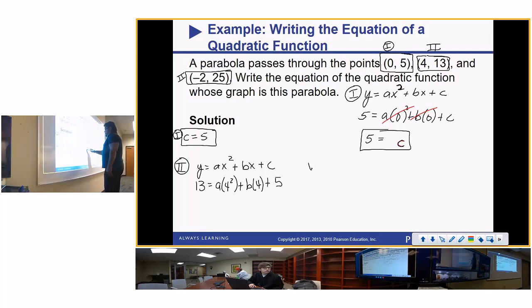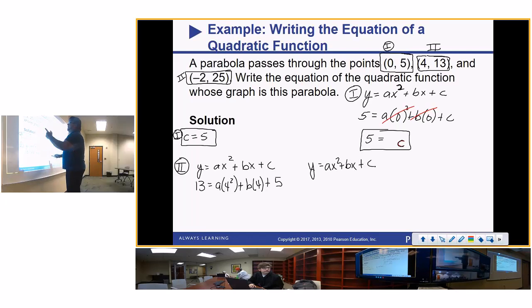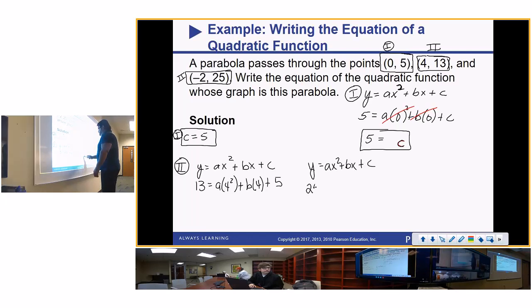And then y is equal to ax squared plus bx plus c, and that's going to be 25 is equal to A times negative 2 squared plus B times negative 2 plus 5. Okay, now finish those.